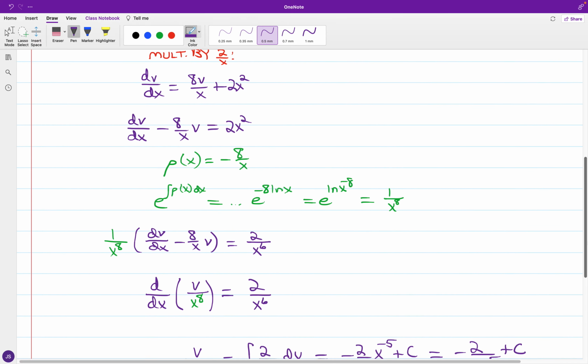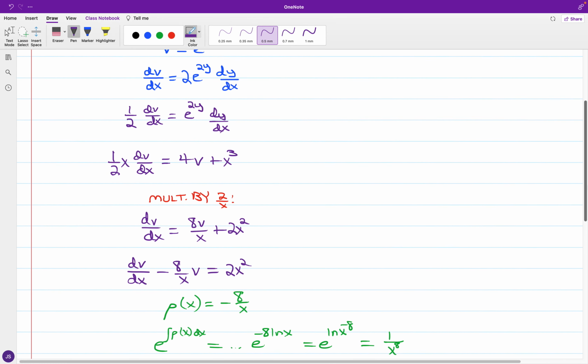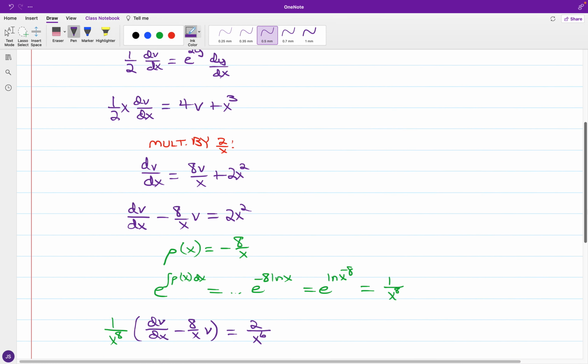And looking at what we had substituted v for, again, that was e to the 2y.